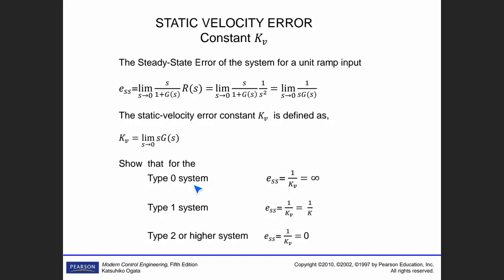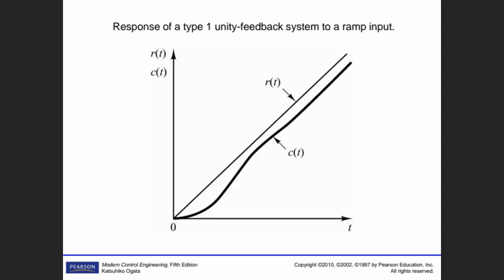So for type 0, error becomes infinite. Very bad. For type 1 system, it's 1 over K, and for type 2 or higher order systems, the error is 0. So this Kv, and also this is a ramp response.